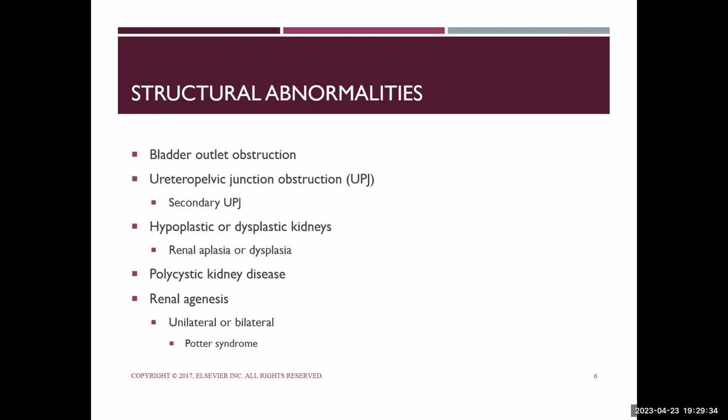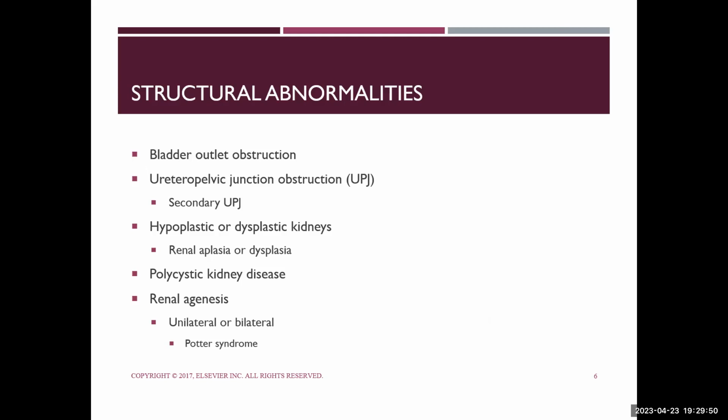This can be caused by scar tissue, bladder stones, tumors in the rectum, and the decreased flow of urine leads to swelling of the urinary tract, and that can back up to the kidney and cause hydronephrosis.